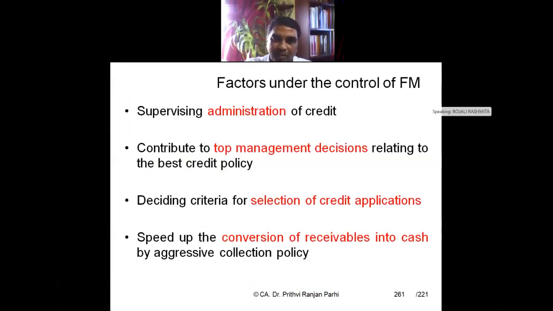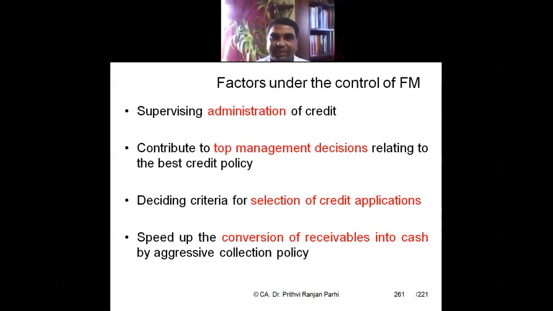As a finance manager, we need to understand what the role of a finance manager is in relation to credit sales. The finance manager can supervise the administration of credit. He can contribute to top management decisions relating to the best credit policies.